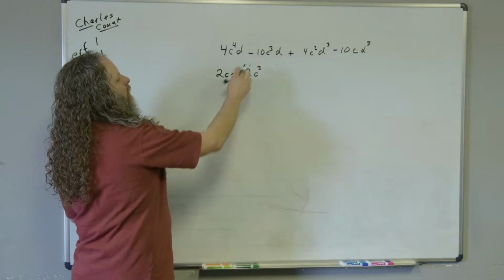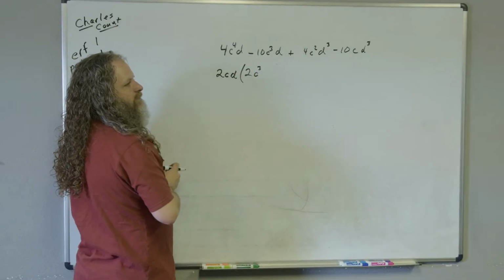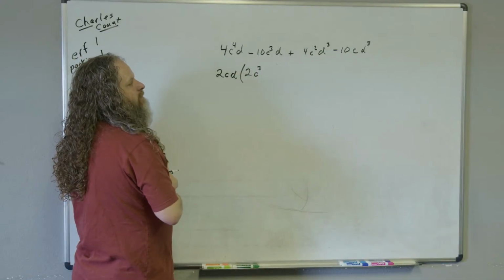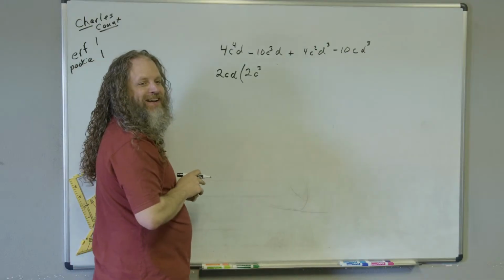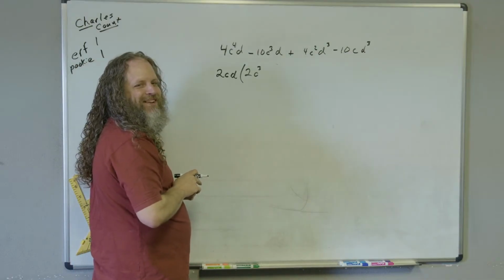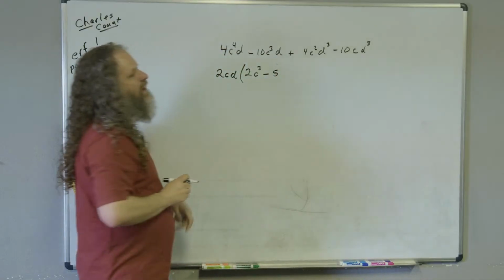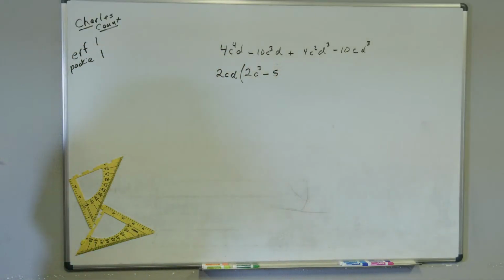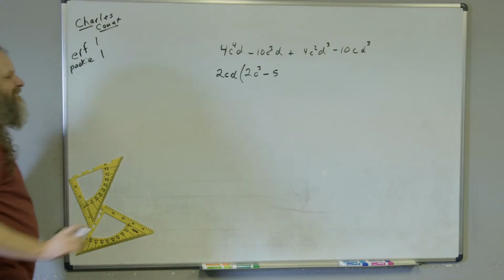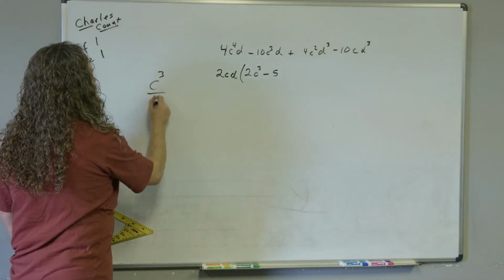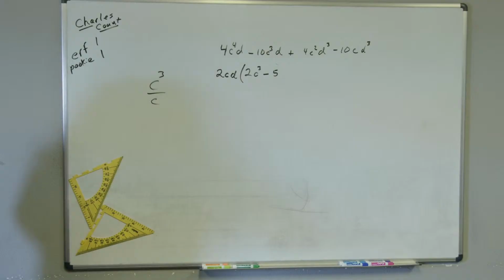Time. What's negative 10 divided by 2? Negative 5, right? Charles. C cubed divided by C is what? Okay, so that makes sense.